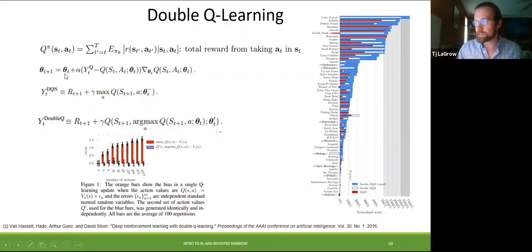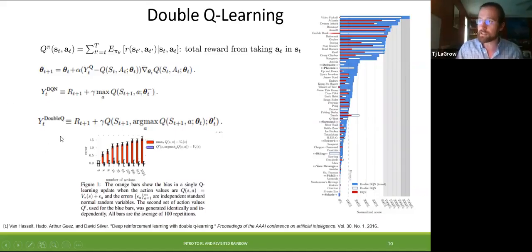Here we have the update step, where we take a specific time t and add in the gradient from the target network, updating it by the gradient of the state itself. With DQN, we have the reward plus a discount factor that maximizes the action of the Q network given the state and the action.